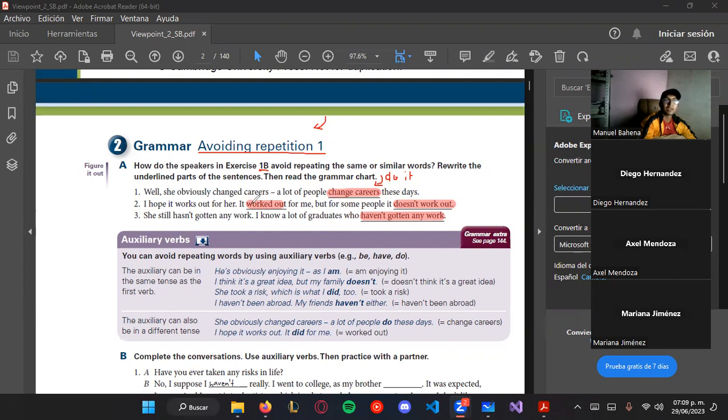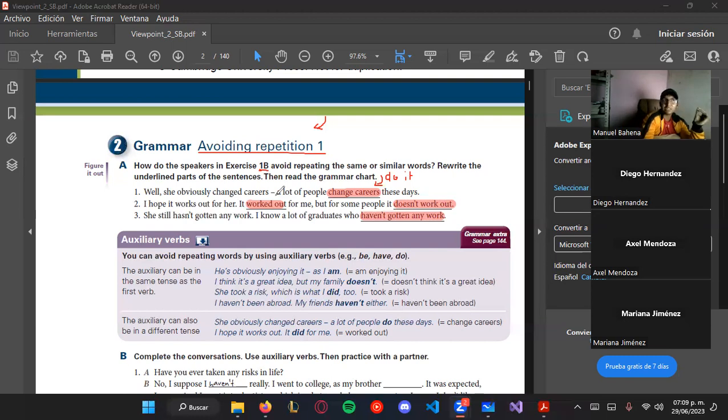What do you think? What are you thinking? Podría ser it's better for me. It's better for me. That would make sense, but it's not what we're looking for.